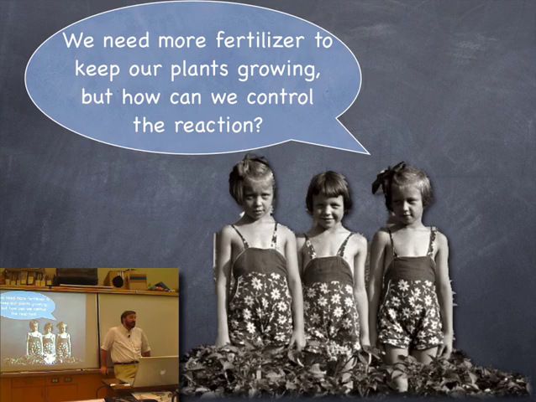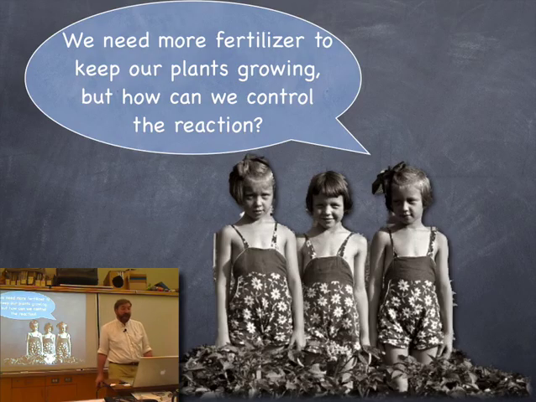One of the big issues of plant growth has to do with nutrients that they have. Fertilizer chemistry in particular has been an enormously important area throughout history, being able to produce fertilizers to keep plants growing. Those kinds of things depend on a lot of chemical reactions and a lot of chemical kinetics.